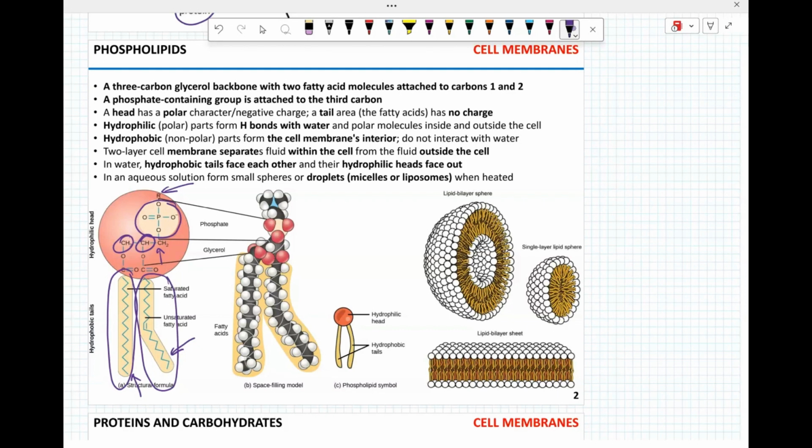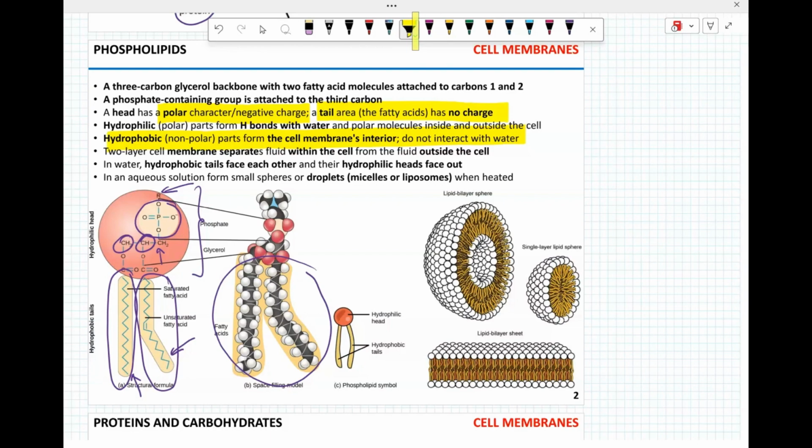Now the head, the part of the phospholipid molecule highlighted here in pink, is polar, and it has a negative charge. The tail, on the other hand, the tail that is formed by two fatty acid residues, is nonpolar.